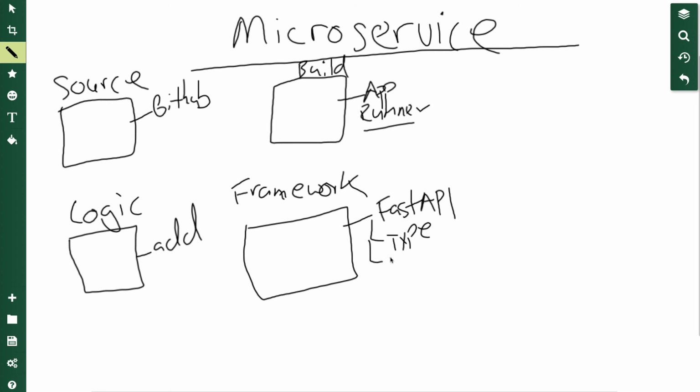It also has Swagger, which is the API docs. And the other thing about FastAPI is that it also allows you to minimize the stuff that you're doing.